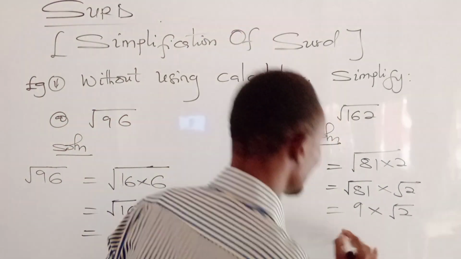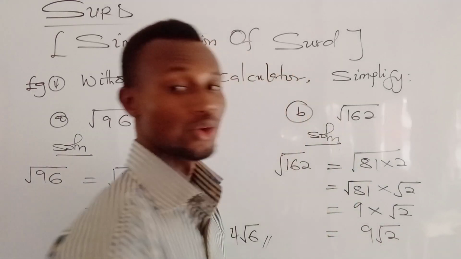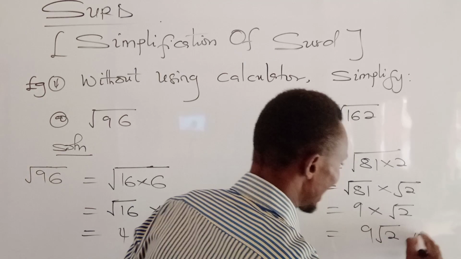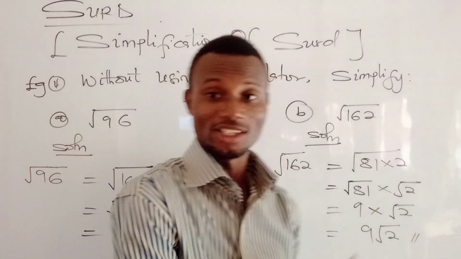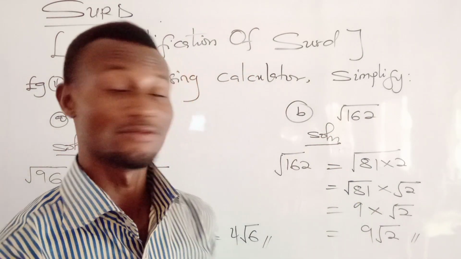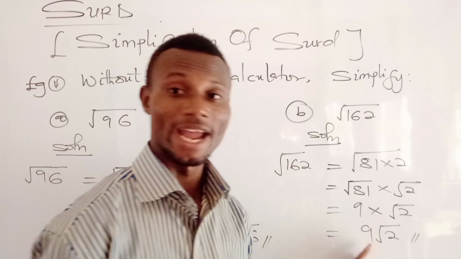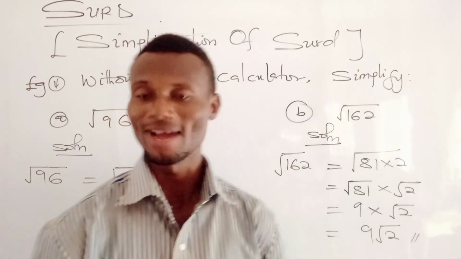So 9 times square root of 2 will give you 9 root 2. So you will get your final answer to be 9 root 2. If you punch the square root of 162 on the calculator, it will give you a straight answer, which is 9 root 2. So this is the process to go through to arrive at the answer.